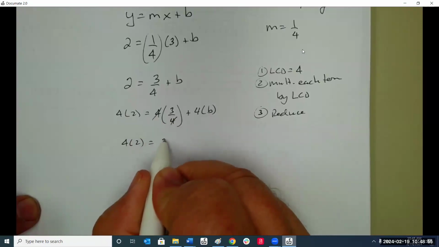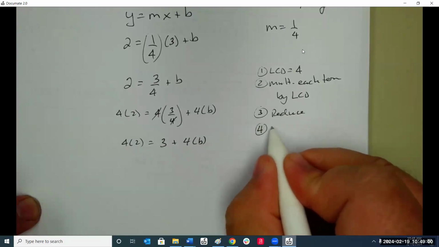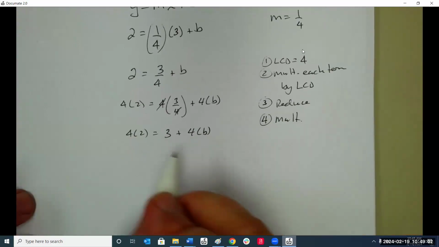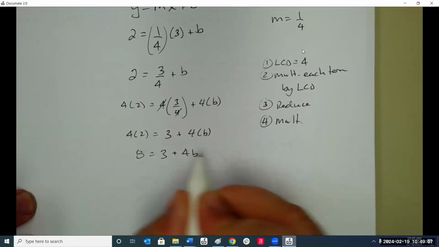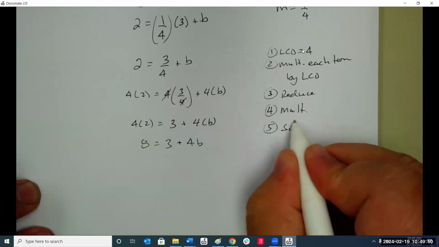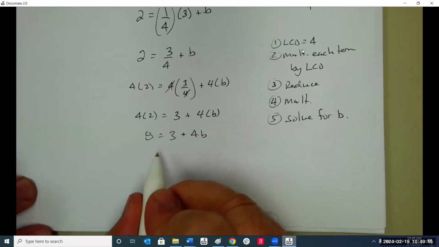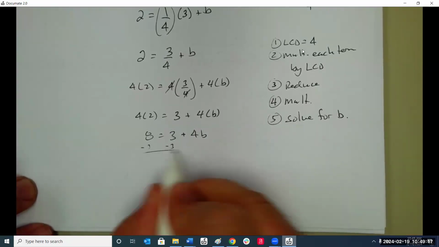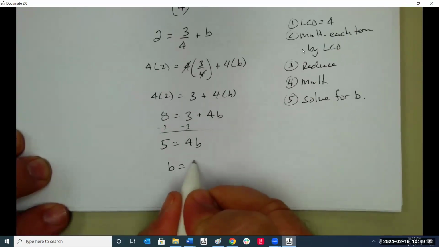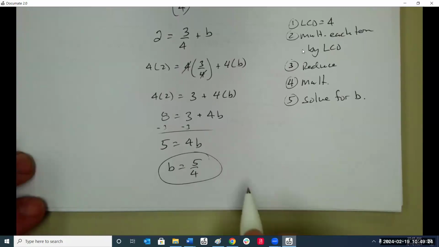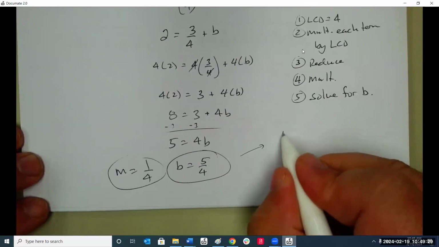The 4's cancel. Multiply to get rid of the parentheses. So I subtract 3. 5 equals 4b. B equals 5 over 4. And m equals 1 over 4.